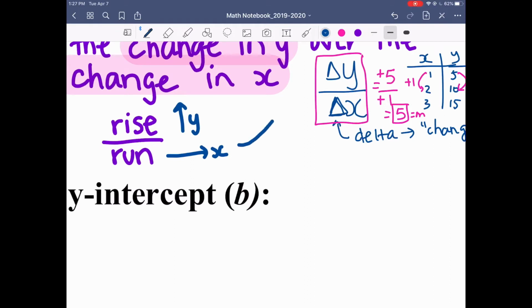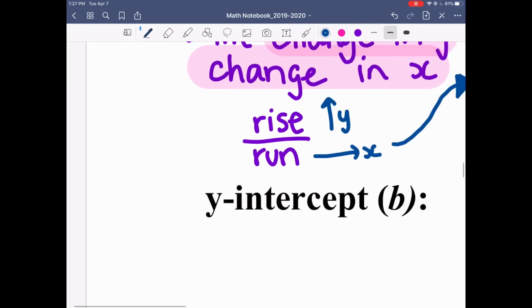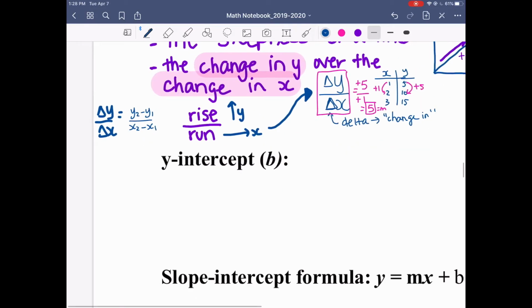And this is basically the same thing as change in y over change in x. But these are the different ways that you could see it, rise over run, or delta y over delta x. And some people may write it as y2 minus y1 over x2 minus x1, which is basically what we did here.